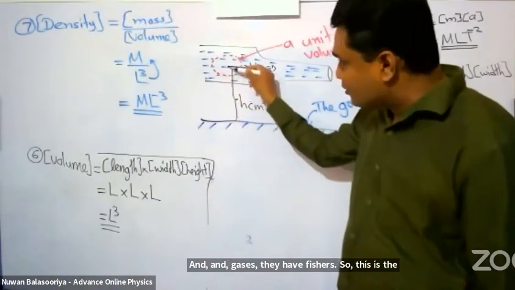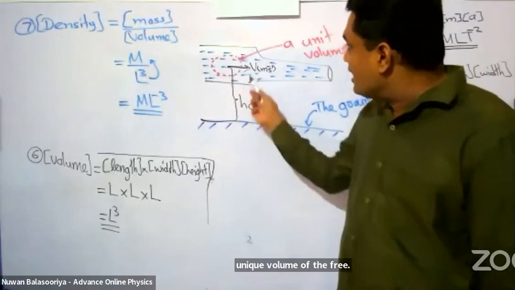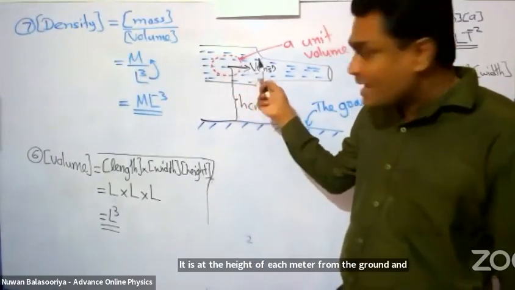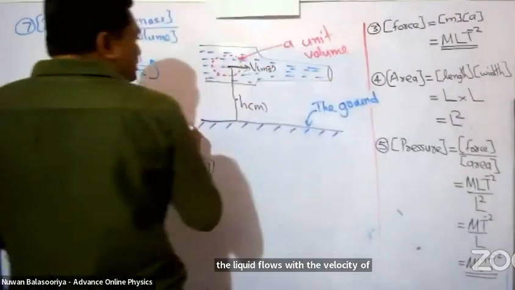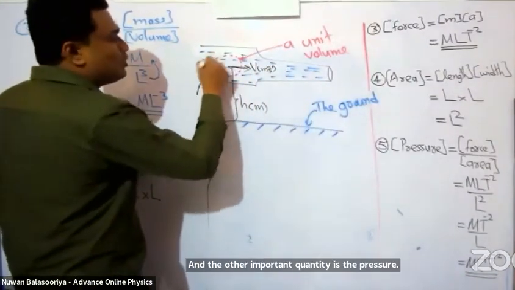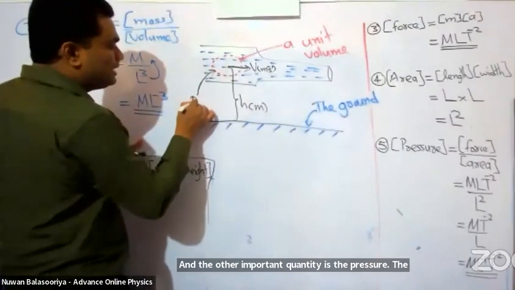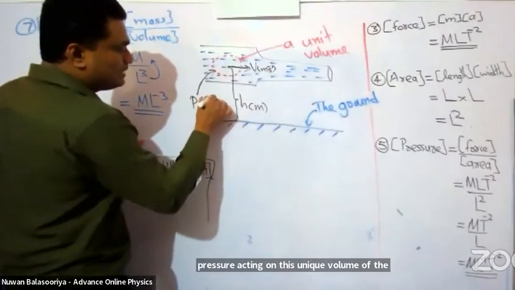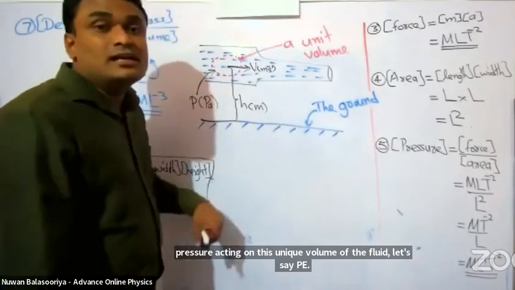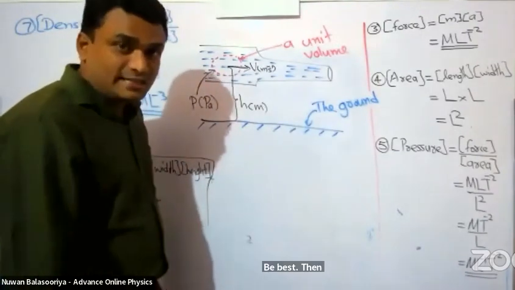It is at a height of h meter from the ground, and the liquid flows with the velocity of V meter per second. And the other important quantity is the pressure. The pressure acting on this unit volume of the fluid, let's say P Pascal.